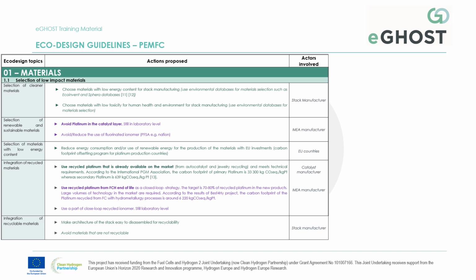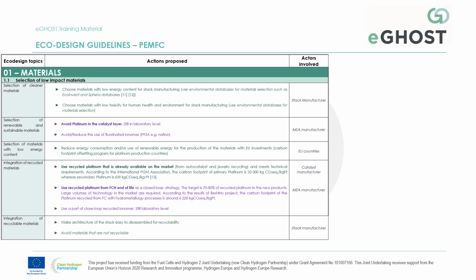So the first is the eco-design topic, so what the eco-design action addresses. This is like selection of cleaner materials or selection of renewable and sustainable materials and so on. Then we have the proposed actions. So those in green are for the medium term, and those in purple are for the long term. And the last column presents the actor that is basically involved.